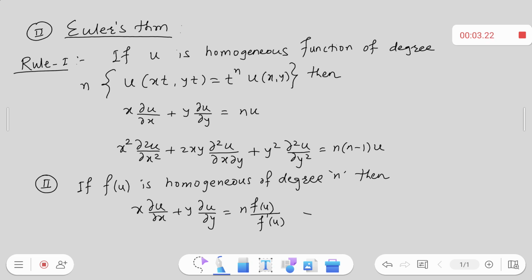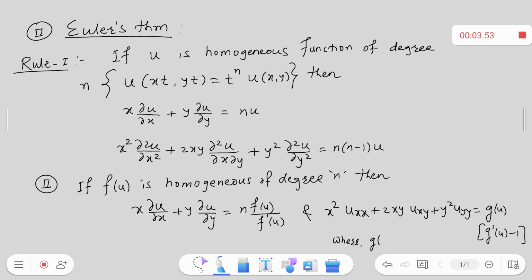Similarly, for the second order derivative, x square u xx plus 2xy uxy plus y square uyy is equal to g of u into g dash of u minus 1. Here we introduce a new function g, where g of u is n into f of u upon f dash of u.